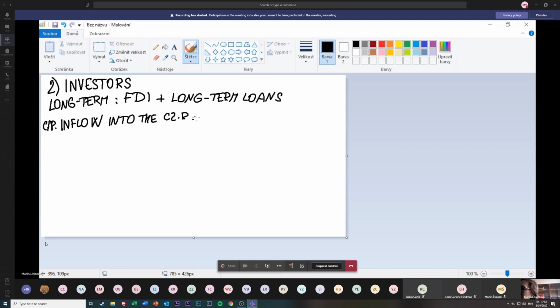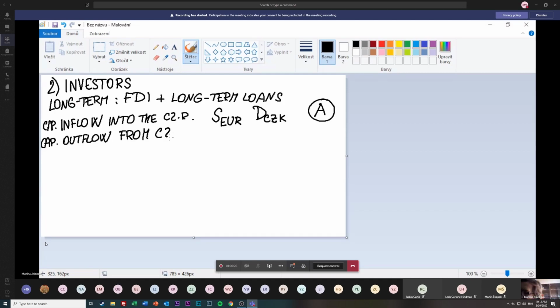On the other hand, now some Czech companies are able to invest abroad. So there is the capital outflow. They have some money, some capital, and they can decide, I will invest in Austria, I will invest in Germany, I will have there my subsidies. So there is a capital outflow from Czech Republic.